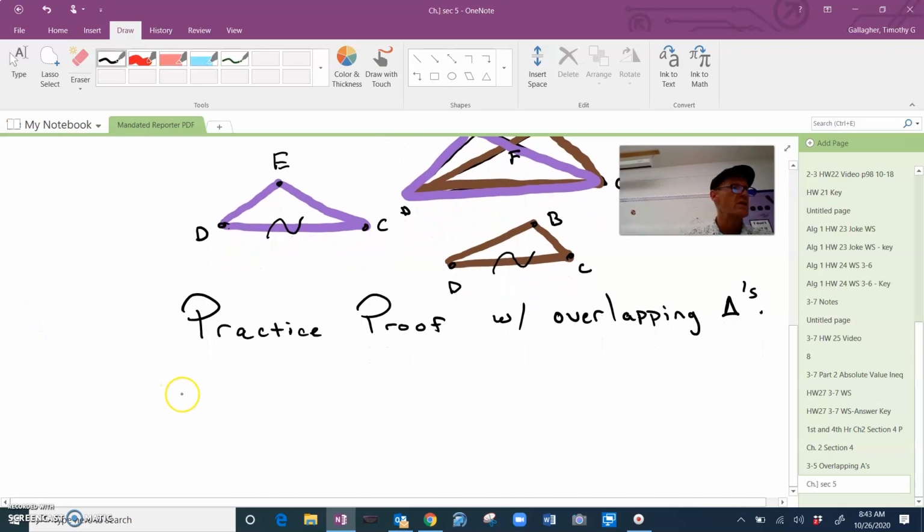So the diagram that you're going to be given is similar to the example. There's a triangle there, and there are two segments here.